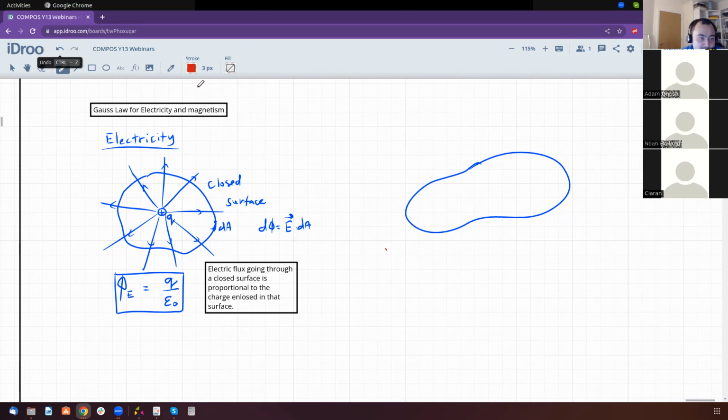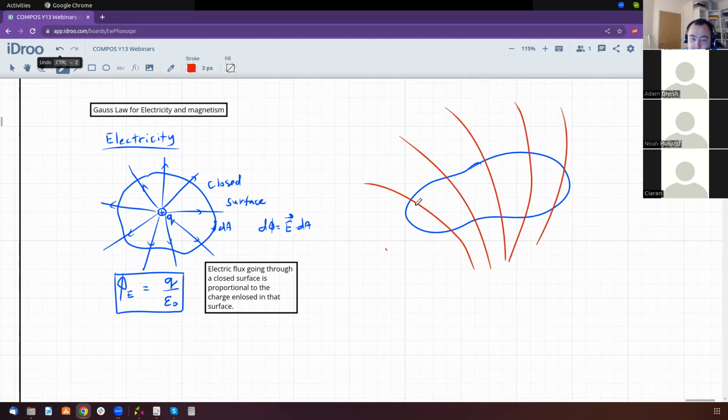So if you have a closed surface and the magnetic field passing through it, you can always be 100% sure that the number of lines entering this surface is equal to the number of lines exiting it. For example, you can have a loop like this.